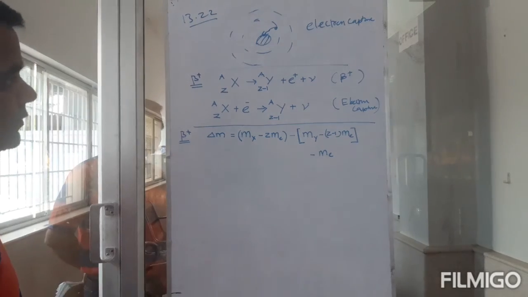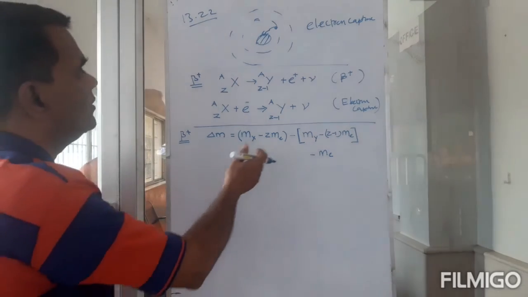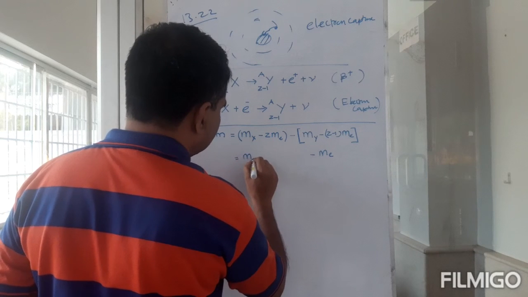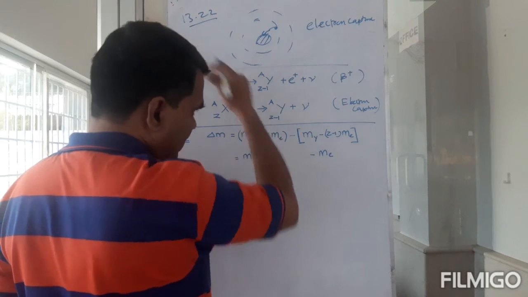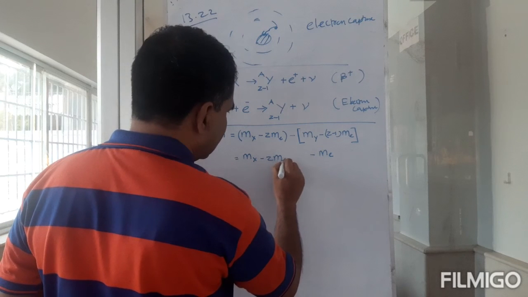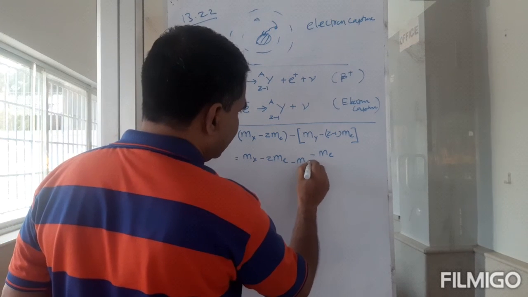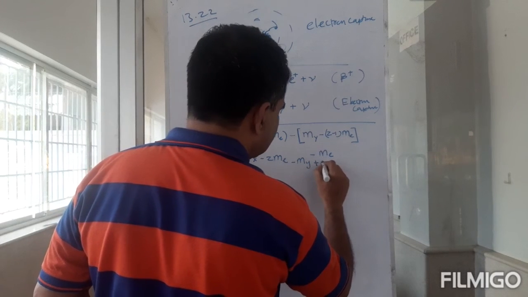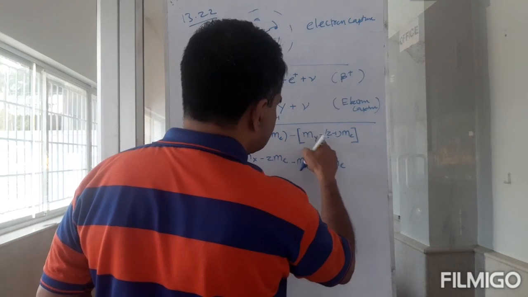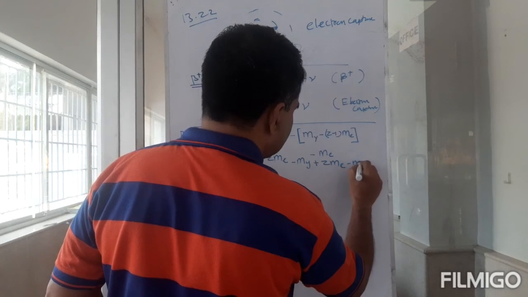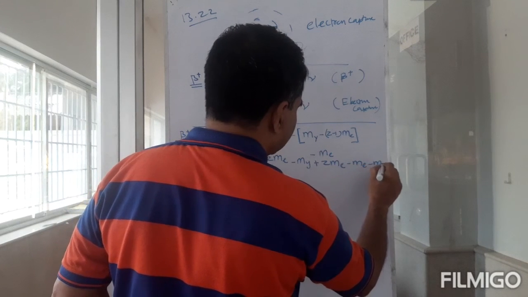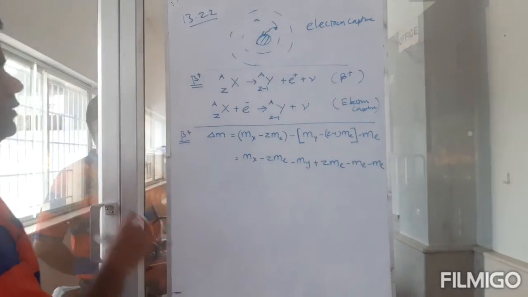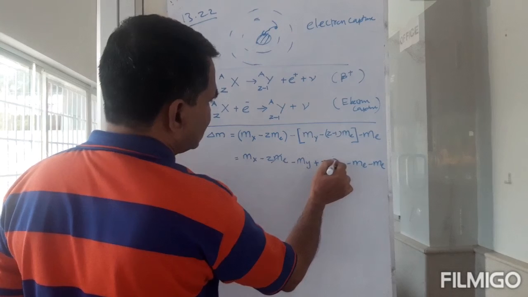We have done this already in one of the previous exercises. So when you do this, what you get here is Mx, the atomic mass, then minus Z me, and then minus My, and then minus minus plus Z me, minus minus plus minus me, and then minus this me. I'll write a 0 so that you have no confusion. So this and this will cancel.